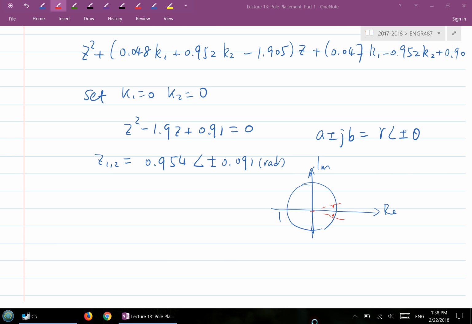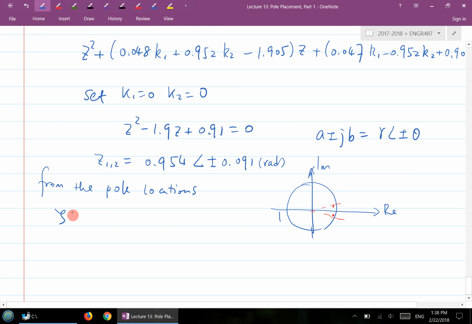In the next lecture, we're going to cover a concept: from the pole locations, what is the corresponding damping ratio, and what is the corresponding time constant?